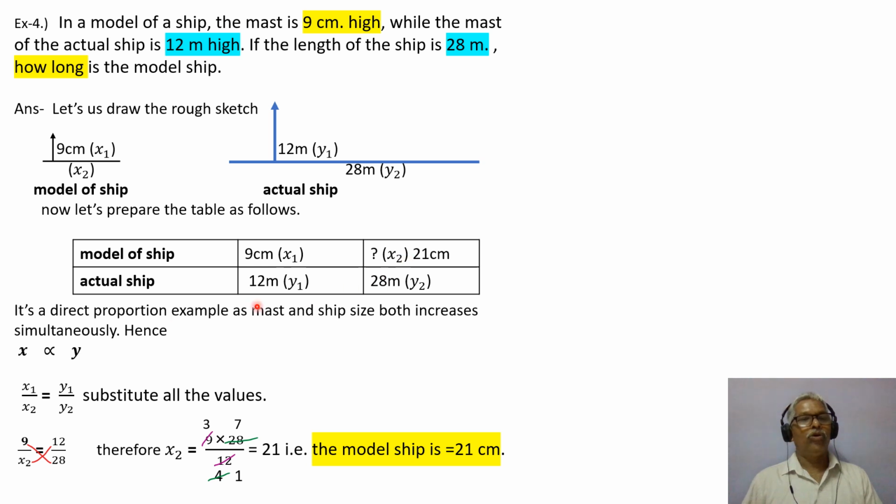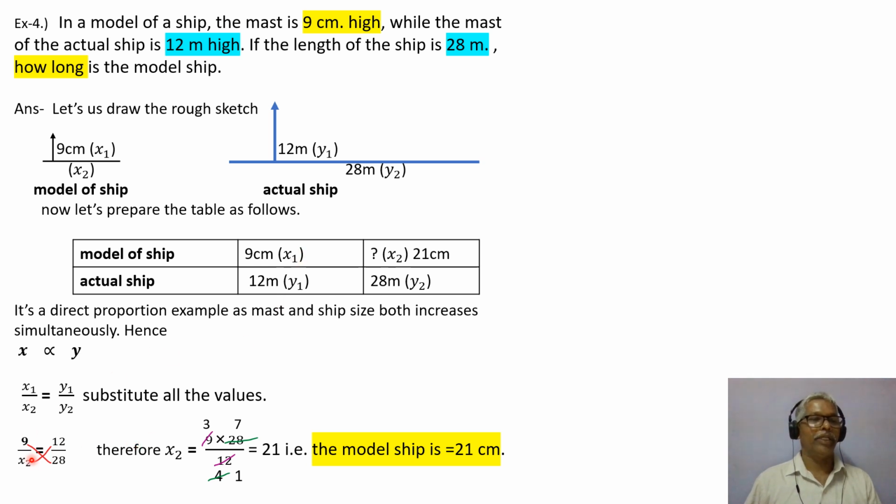So it's a direct proportion example. As the mast and the ship size both increase simultaneously, hence x varies as y. So we use the famous formula x1 upon x2 equal to y1 upon y2 and substitute all the values.